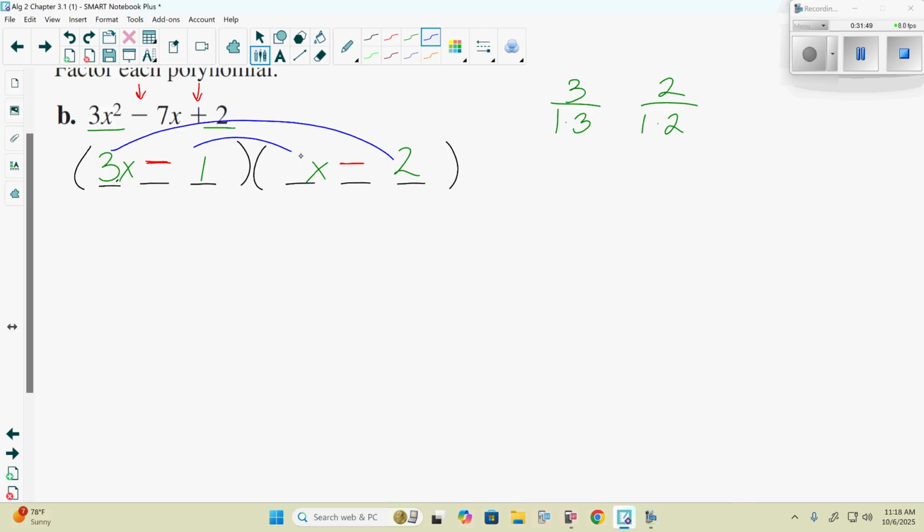Negative 1 times negative 2, negative and negative make a positive, 1 times 2 is still 2, so we still get the first and third term. 3x times negative 2 is negative 6x. Negative 1 times x is going to be negative x. And negative 6x minus x is negative 7x. Is that the correct middle term?